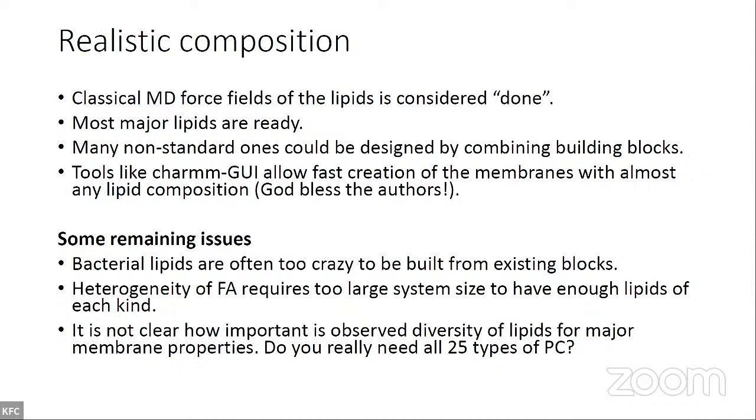So do you need all of them or not? If you want to simulate all of them, you would not have enough lipids in the system to represent at least one lipid of each type, because there are so many of them, and you're working with only several hundred lipids. But these are kind of minor problems, and in general, it's doable, and you can simulate any lipid composition.